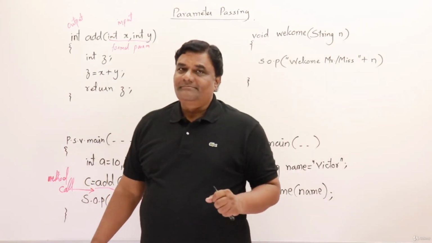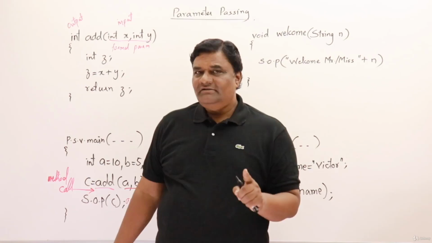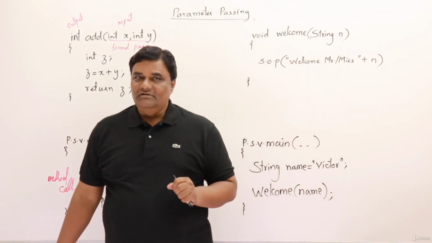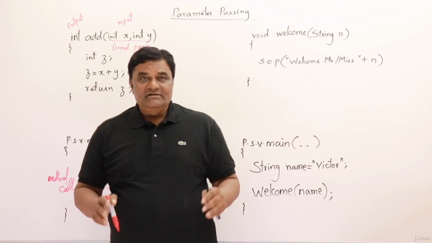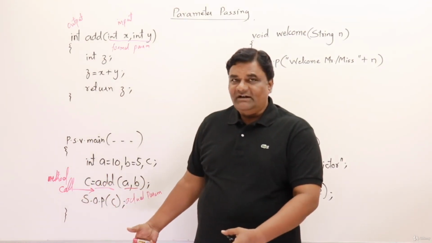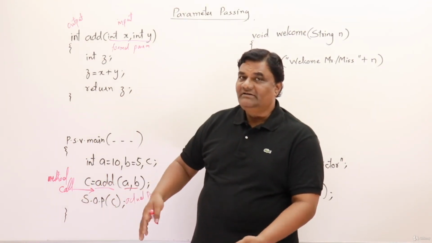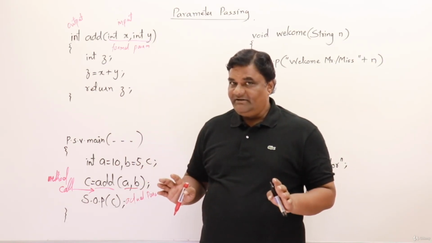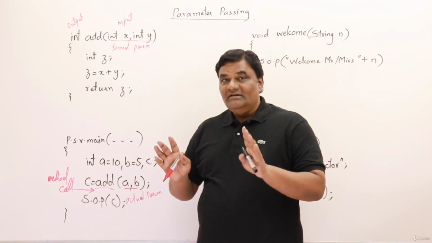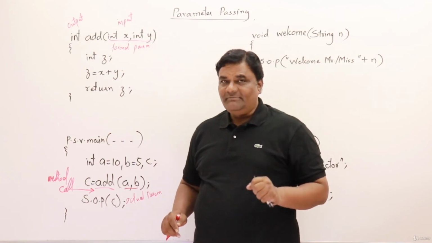Listen carefully. There is only one method of parameter passing in Java. What is the method? The contents of actual parameters are copied into formal parameters. That's all. Whatever the contents of actual parameters are, they are copied into formal parameters.